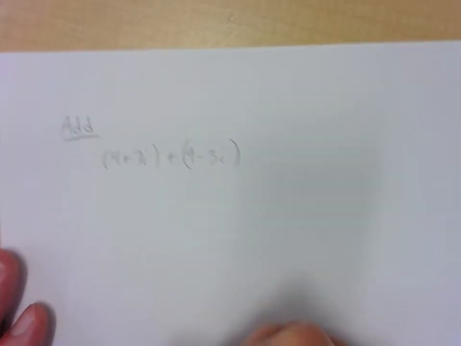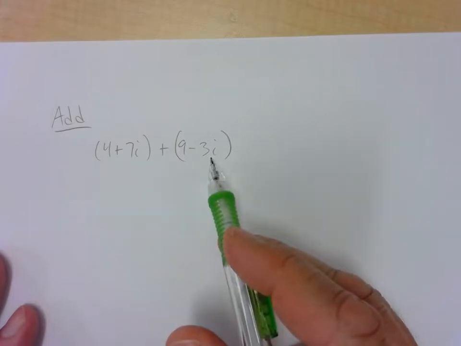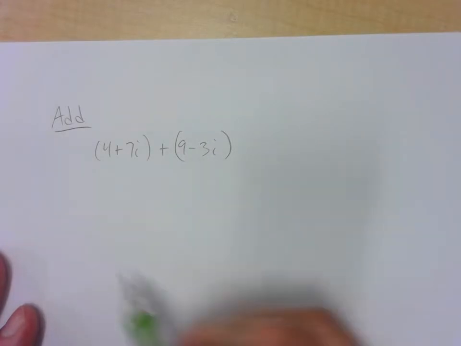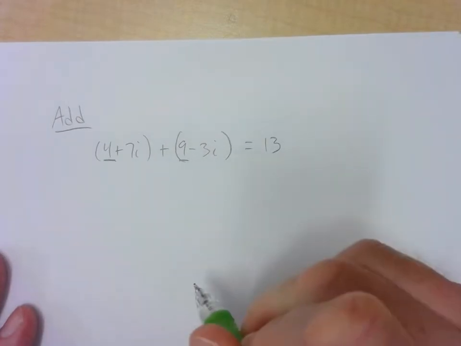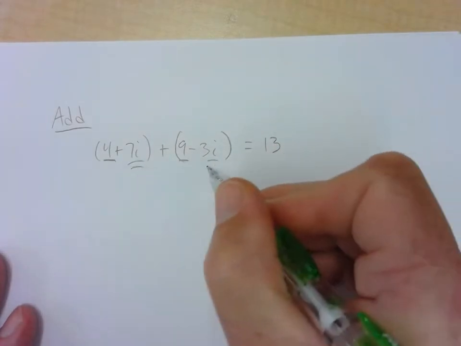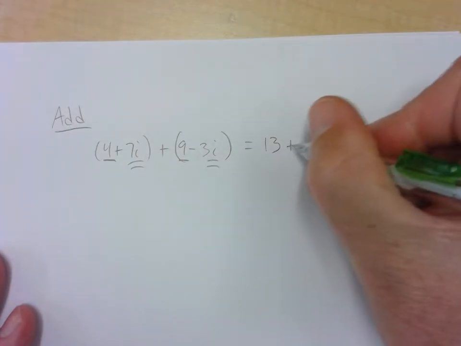This is really straightforward. All we do is add the like terms. We think of the i as like an x. We just put together our like terms. So 4 and 9 make 13, and then the 7i goes with the negative 3. So it's just literally 7 minus 3 for i.